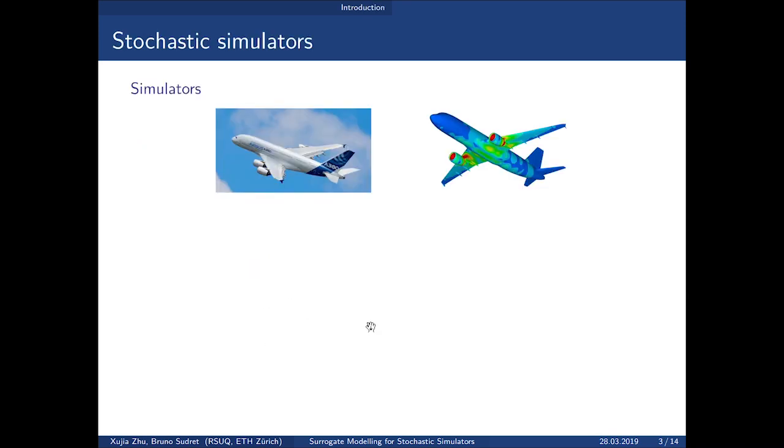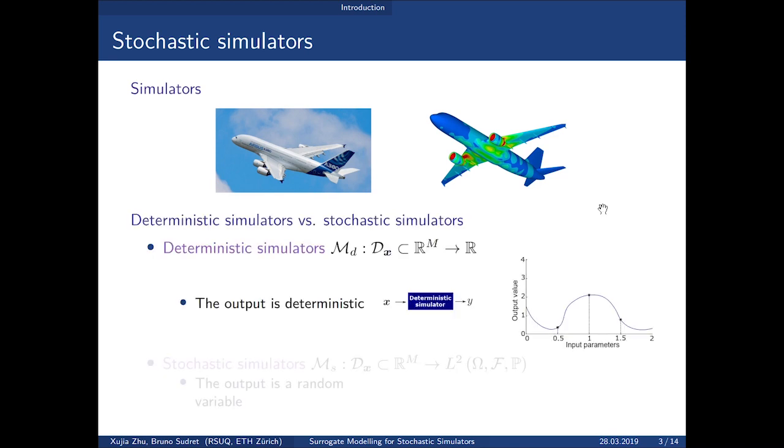A simulator is a computational model that is created to mimic the real world. For example, if we want to know the mechanical behavior of an aircraft under some extreme climate condition, we can create a finite element model to analyze its resistance to environmental loads. In general, there are two classes of simulators.